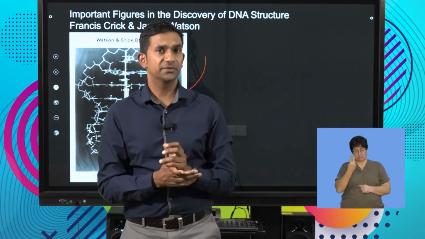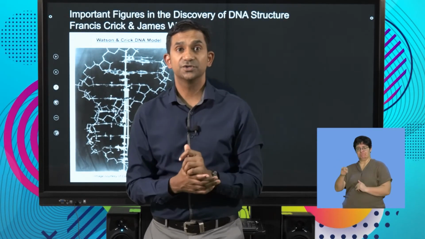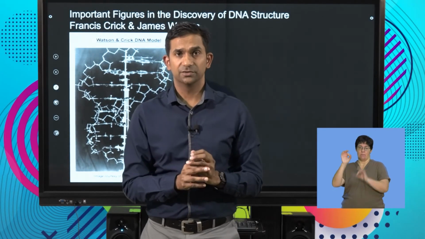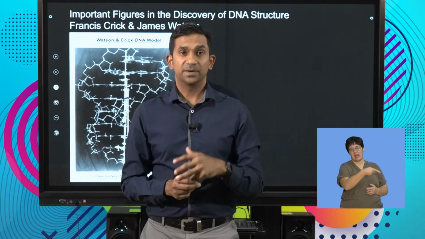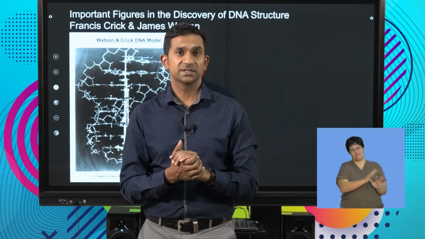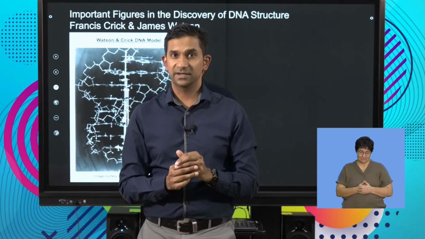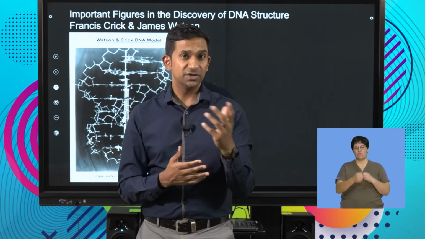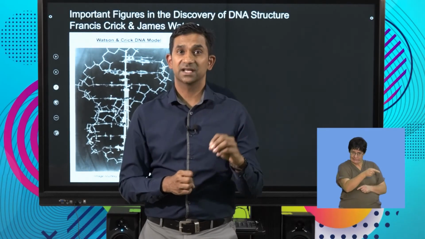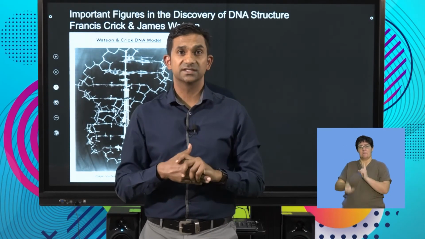And these two gentlemen were recognized for their contribution to discovering the DNA molecule with the Nobel Prize. Sadly, Rosalind Franklin had passed on before this Nobel Prize was awarded to Francis Crick and Watson, and only after a few years had gone was she recognized as a significant contributor to this discovery.